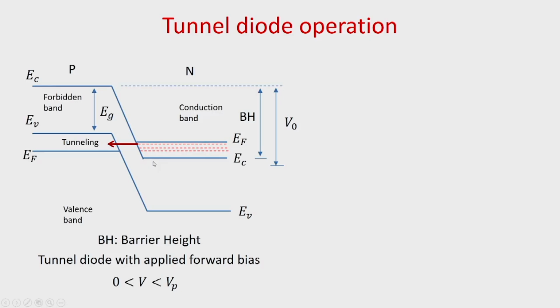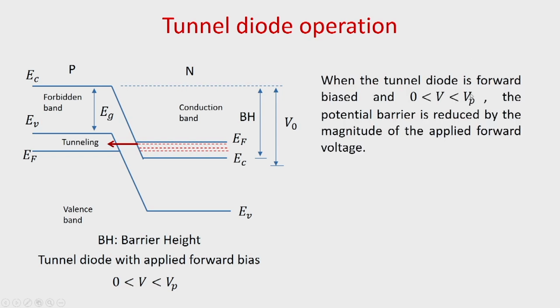It is interesting to note that under zero bias condition, there was no overlap. As we increase the bias voltage, this alignment of the filled states in the conduction band and vacant states in the valence band will increase.